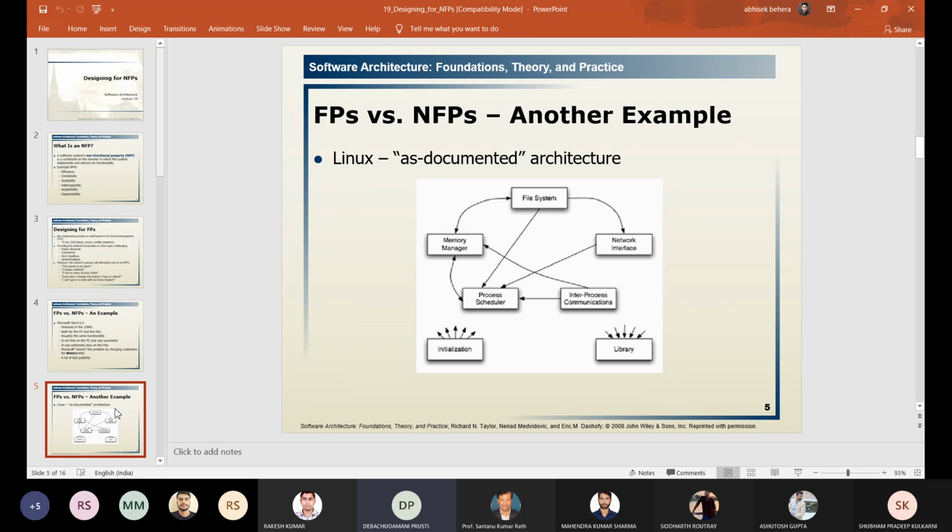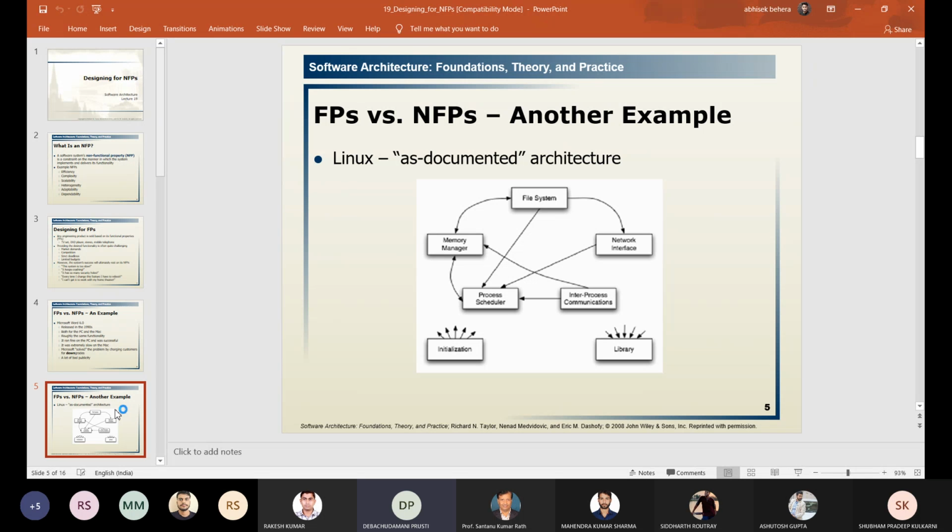There is an interlink between the file system and memory manager. And the memory manager will manage with the process scheduler. And the inter-process communication will communicate with the memory manager. So initialization and storing it in the library as a documented architecture.